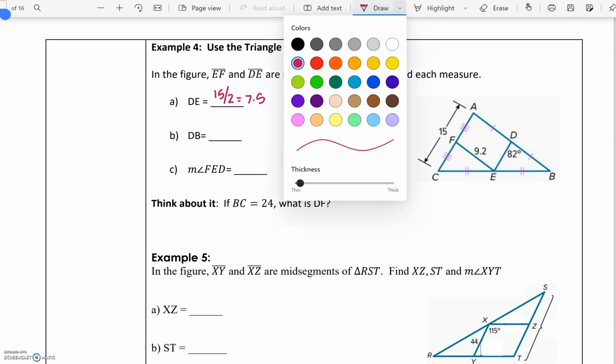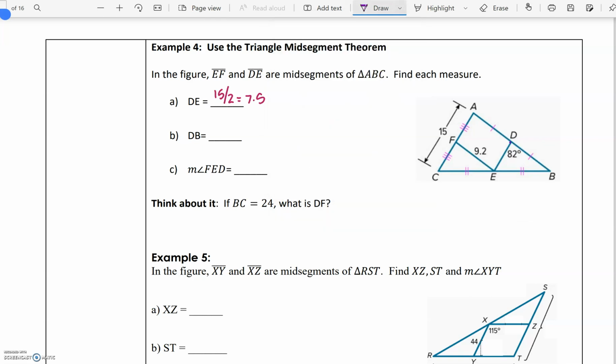If I wanted to find this little segment here, well, I know that this is 9.2, so I know this whole thing is double, so 18.4, and so then this little section right here would just be 9.2.